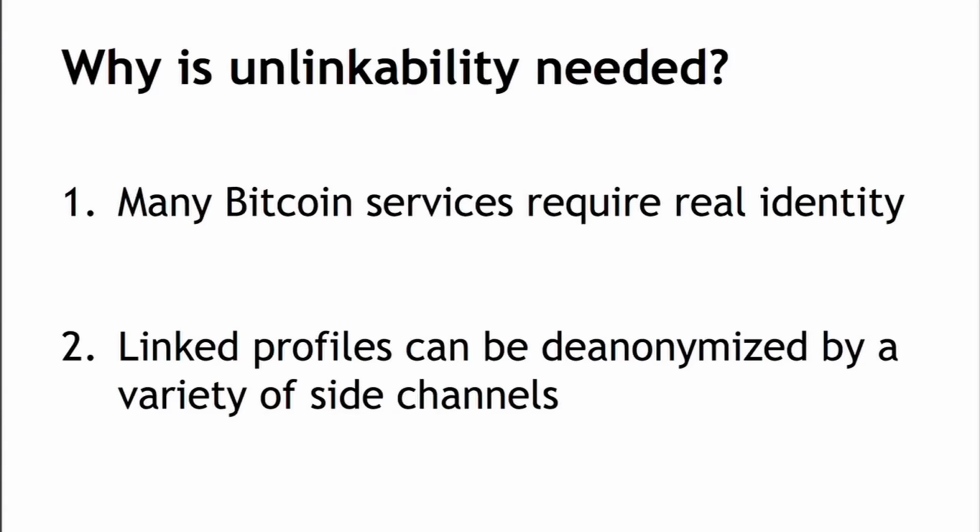Maybe somebody looks at a profile of your pseudonymous Bitcoin transactions and finds that you interact at certain times of day, and they're able to correlate the times of day when you're active online with the times of day when your Twitter account is posting tweets, and so they're able to find a connection between your Twitter identity and your transactions on Bitcoin. Similar attacks have been known to happen, so this is why this notion of a pseudonymous profile is considered quite fragile, and for real anonymity, we want the stronger notion of unlinkability.